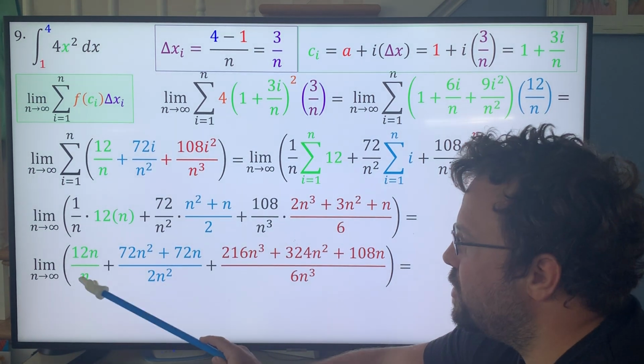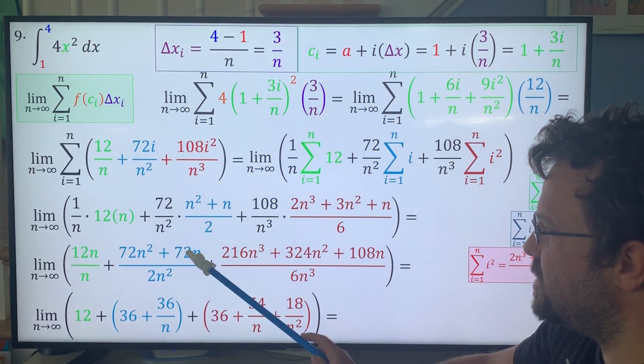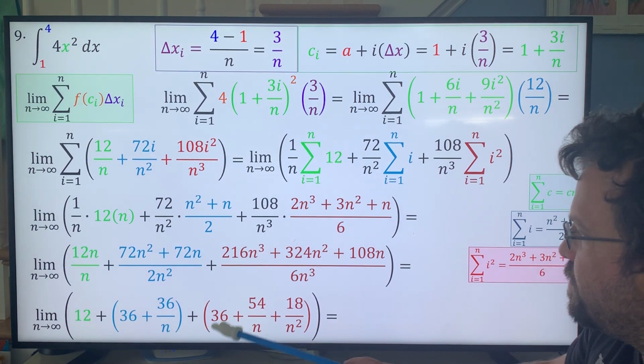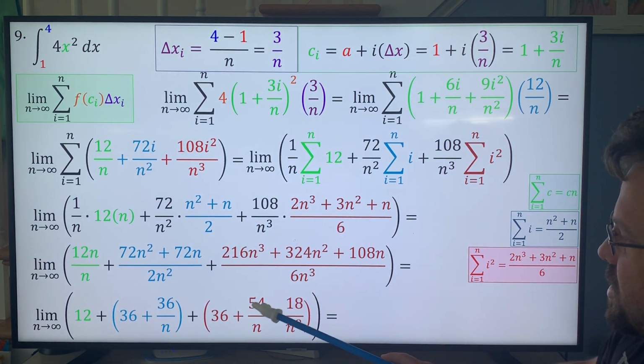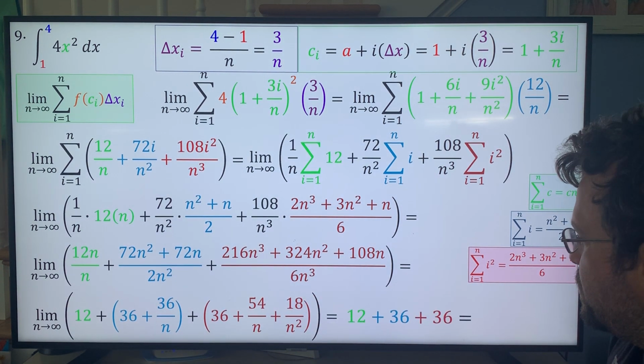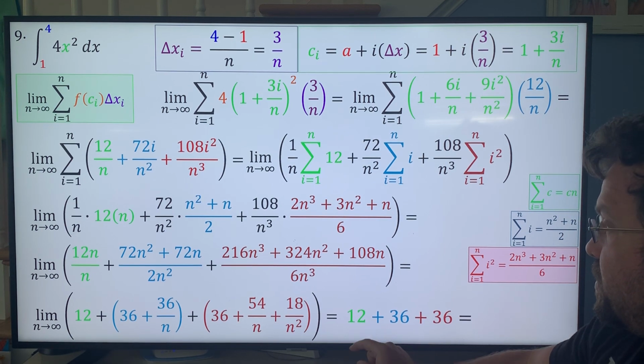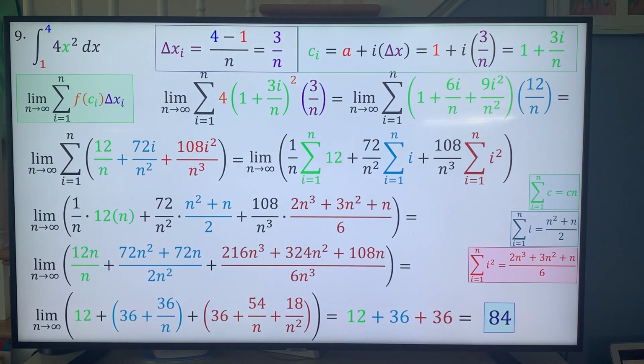When you cancel, left with the 12, left with a 36, 0, 36, this is going to become 0 and 0. 72 plus 12 is 84. See that? Not too terrible, right?